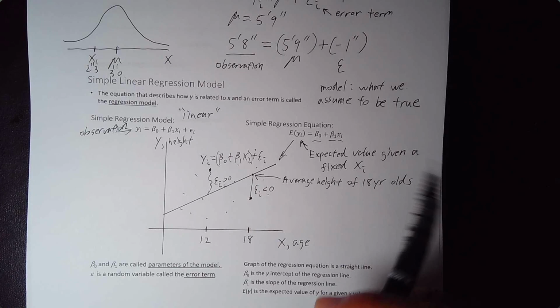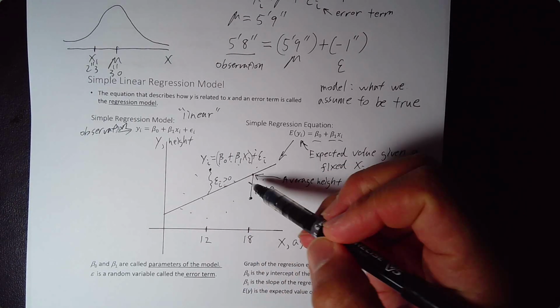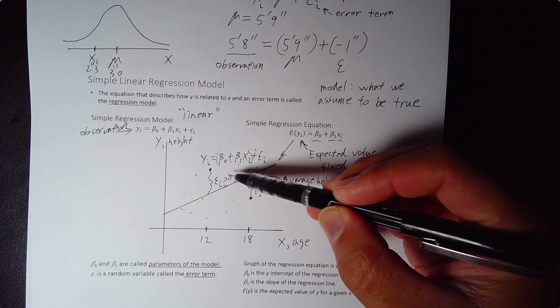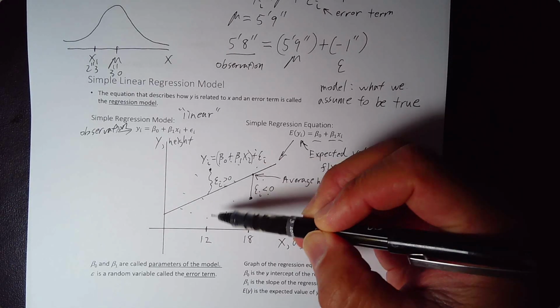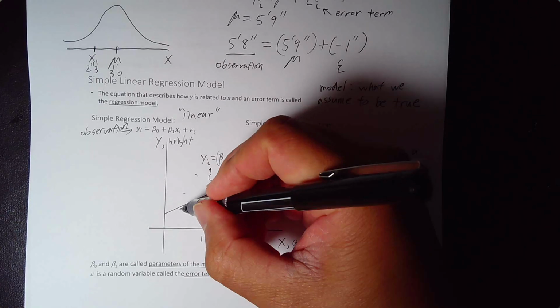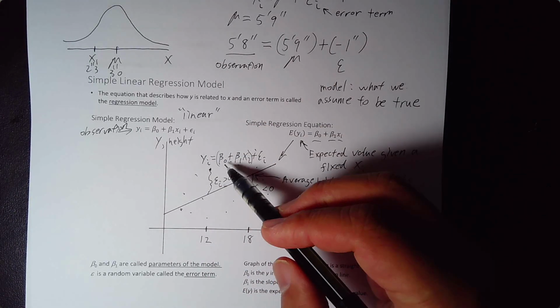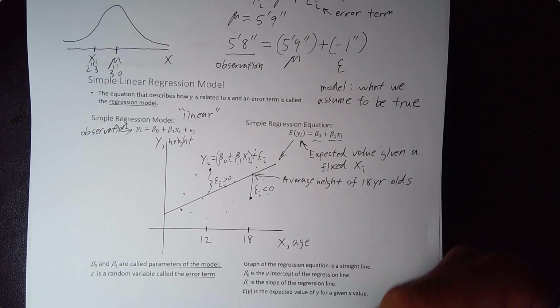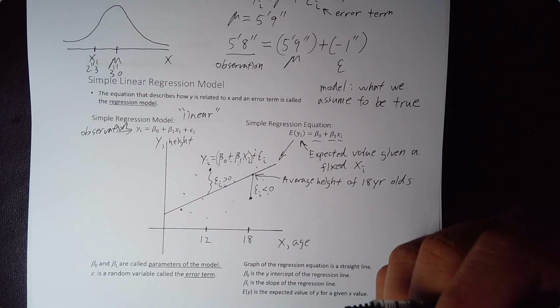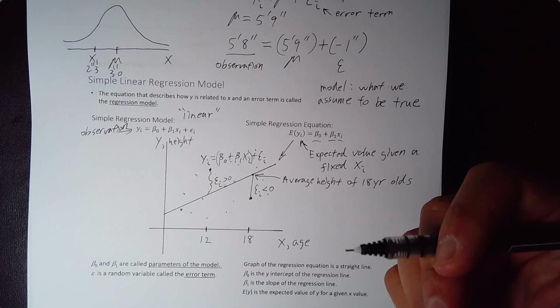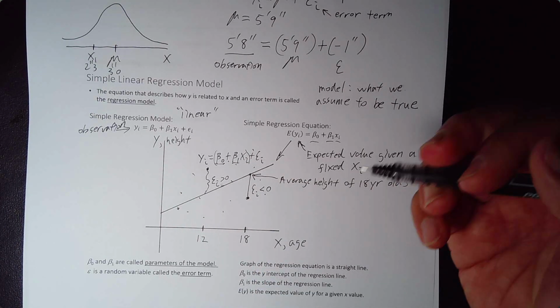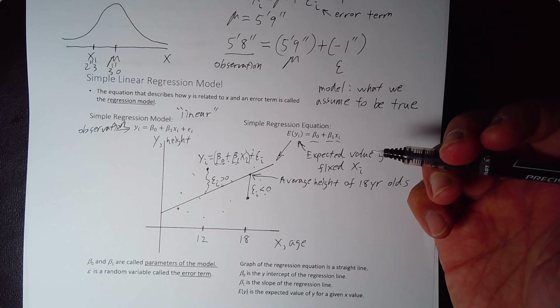Okay, so this is what we assume to be true, and this is what we assume is out in nature, and this is the determinant of everybody's height, you and I, everybody here. And notice that we are writing this in a Greek letter. Beta is a Greek letter, so as usual, anything that's written with a Greek letter represents the population parameter. And so these are going to be the parameters that we are interested in measuring or trying to estimate.